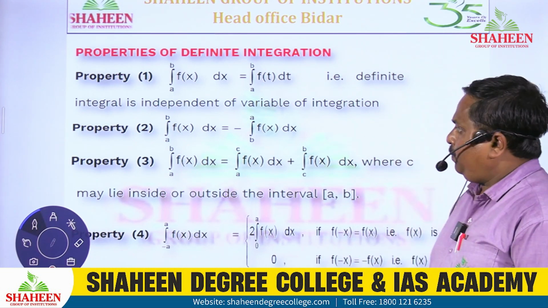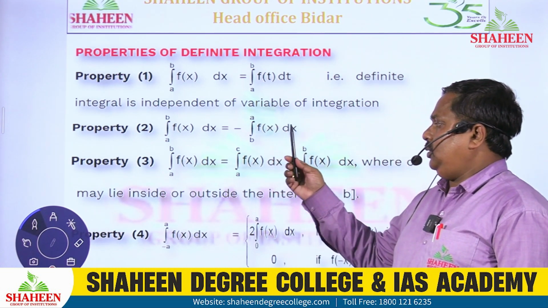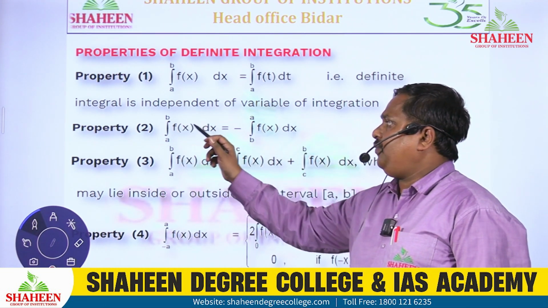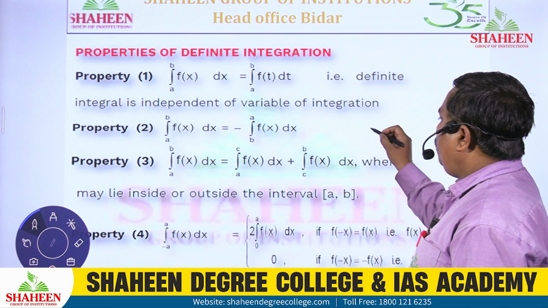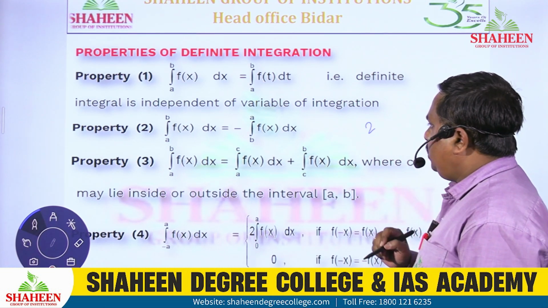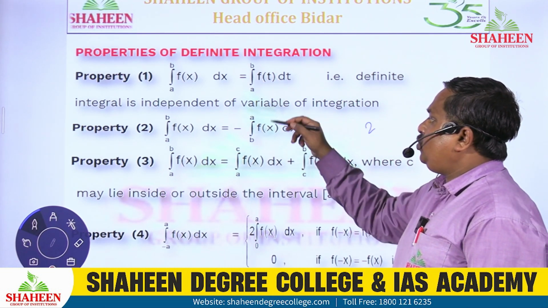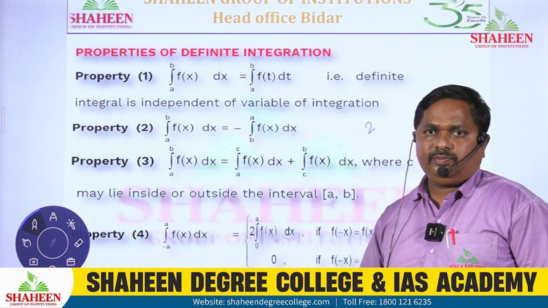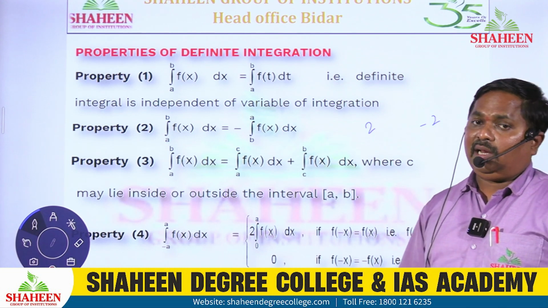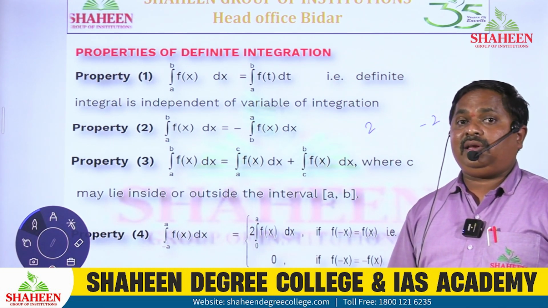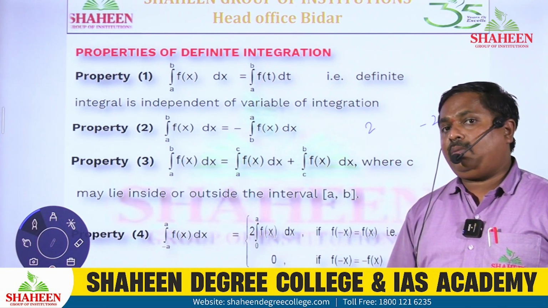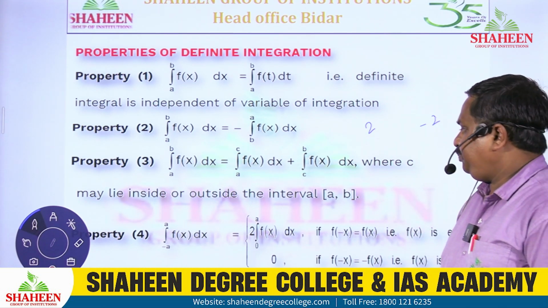Suppose integration from a to b f of x dx has value 2, then integration from b to a f of x dx becomes minus 2. If we interchange the limits, then the value of the integration changes sign, plus to minus or minus to plus.